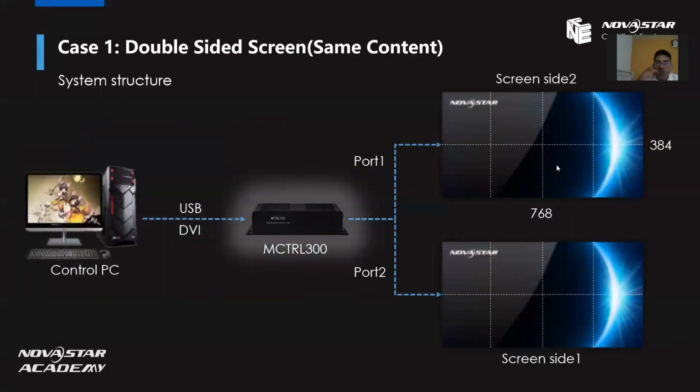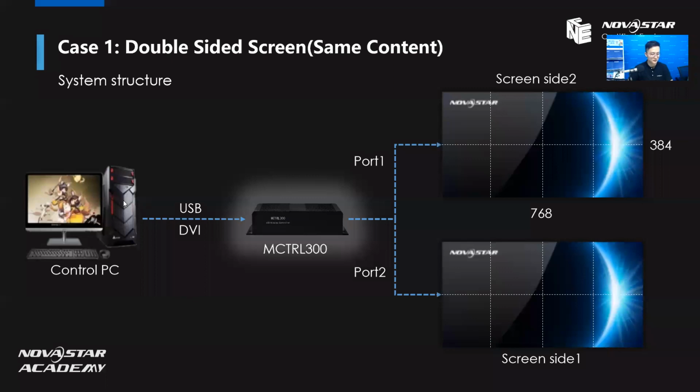This is the system structure, how I make the double-sided screens. Because the screen is not too big, I'm using the Control 300. One Control 300 is enough. Port 1 can drive screen side 2, and port 2 can drive screen side 1. Each screen has 8 receiving cards.